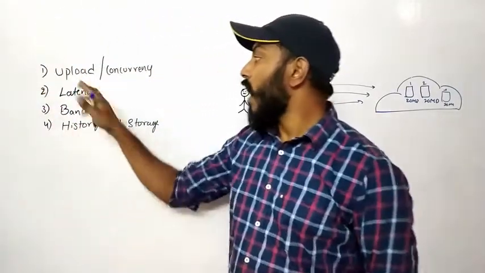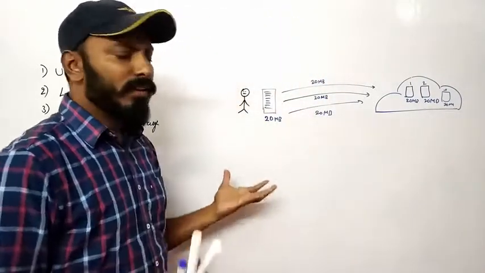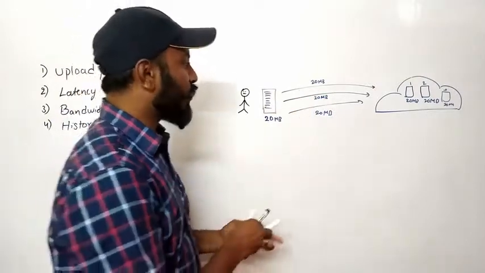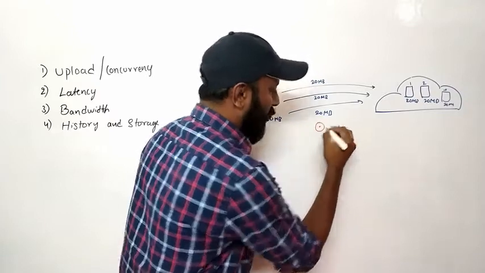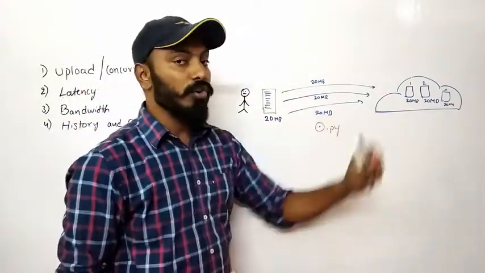So the first one is upload concurrency. Now, what happens is, say you try to automate the process of upload and download. Now, consider you wrote a Python service, a .py service, which monitors the changes to this file and uploads automatically.